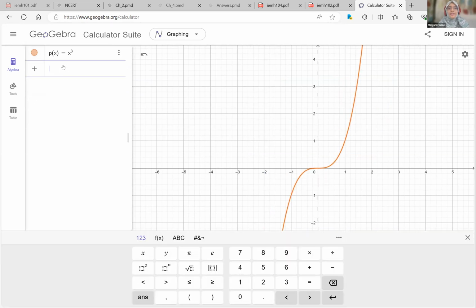It is pretty obvious that 0 cube is equal to 0. If you want the value of p of x to be 0, then we know that 0 to the power 3 is 0. So that is why the value of x is coming out to be 0. Is this clear? Ma'am, clear.